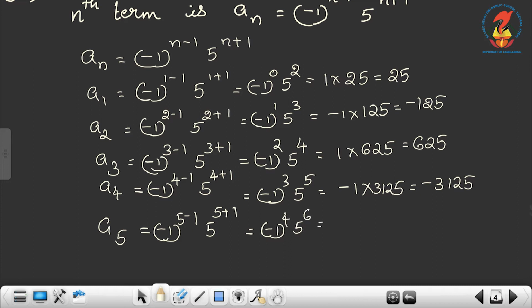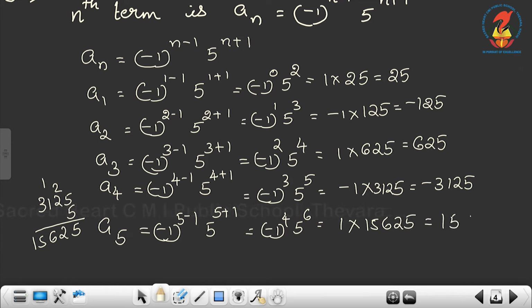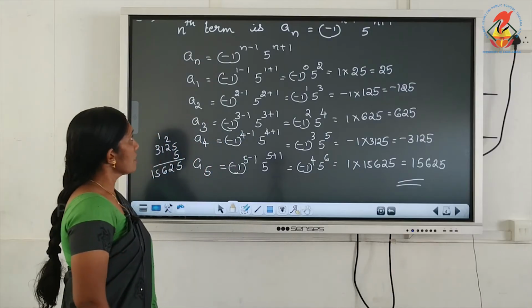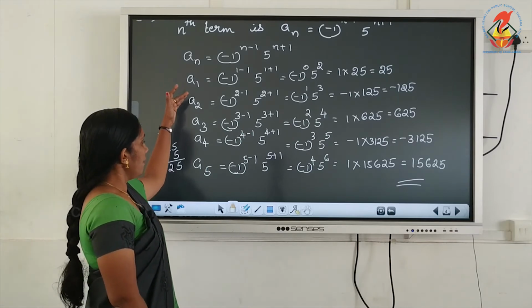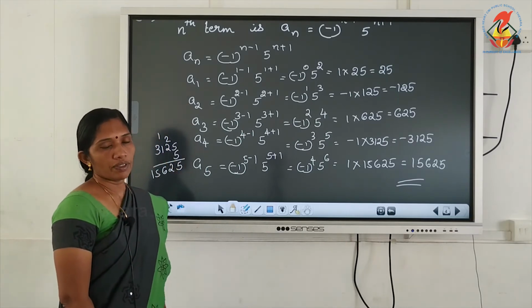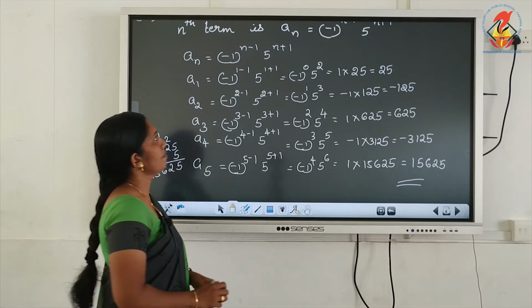Minus 1 raised to an even number is positive. 5 raised to 6 is 3125 into 5, that is 15625. This way we can find. Okay. So n is given. We can find the first 5 terms of this particular sequence.